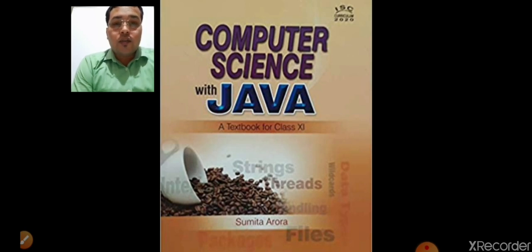The last section, section C, is of 5 marks each. In this one also you will get three questions, and you have to do only two. So this is the paper pattern of your class 11th.